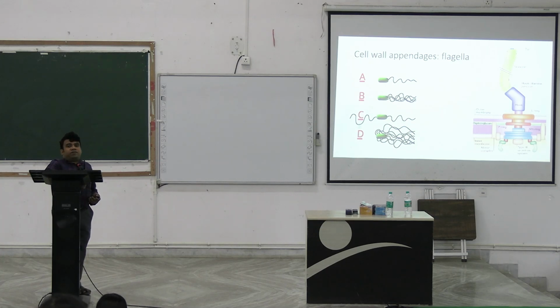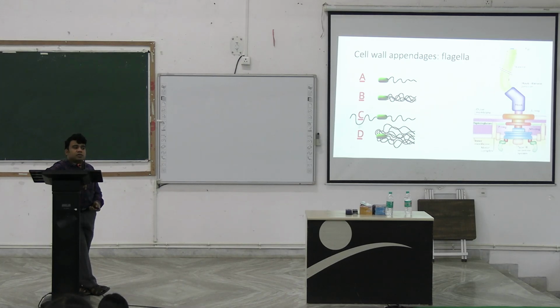Many bacteria will have very different types of flagella. Hence, another type of classification can also be done based on the flagella. Like, a bacteria might have a single flagella at one end. It is called monotrichous. Mono means one, trichous means hair, because flagella looks like a hair. Or it may have a tuft, many flagella at one end.